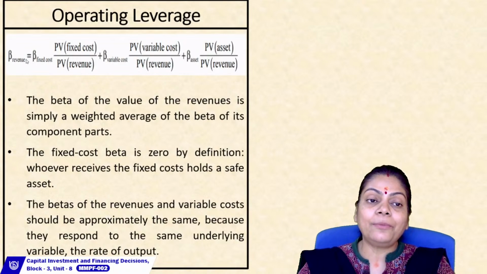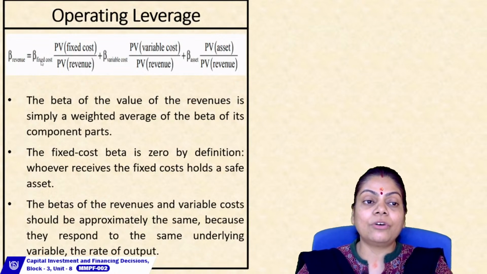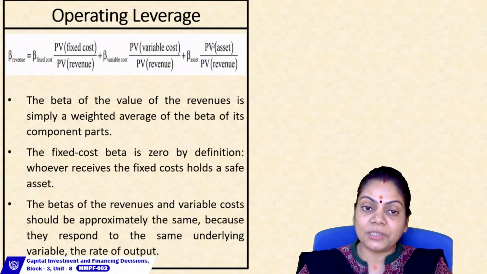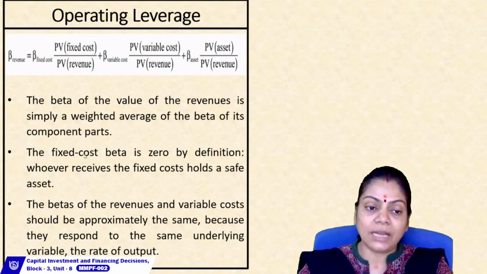And what kind of beta? I'm not just adding up the betas of fixed cost, variable cost, and asset. I'm going for a weighted average, weighing the fixed cost with its specific weightage, variable cost with its specific weightage, and the asset with its specific weightage. So now the point is, the fixed cost beta is zero by definition.